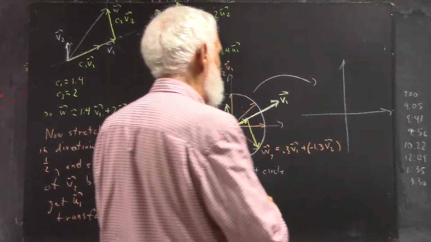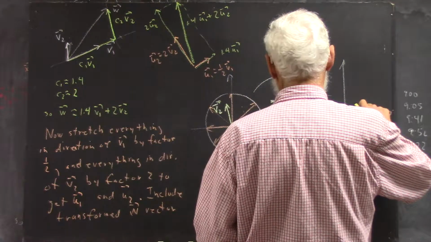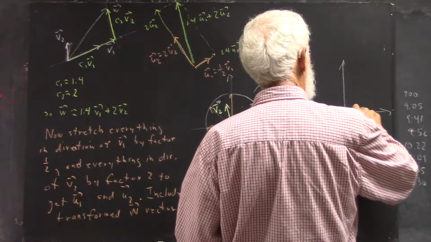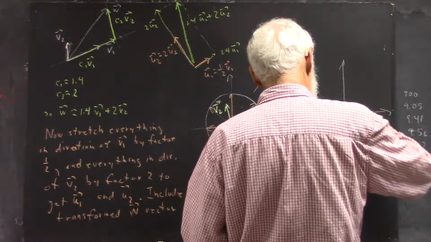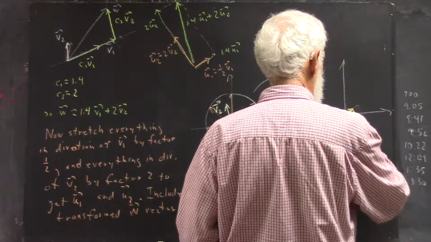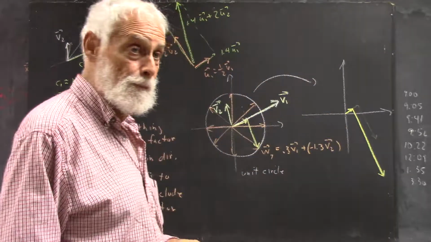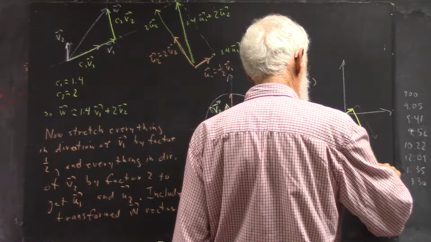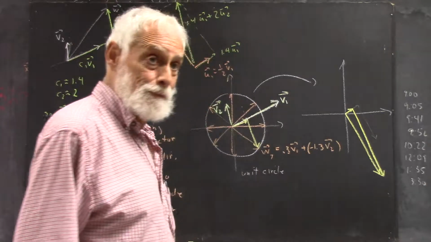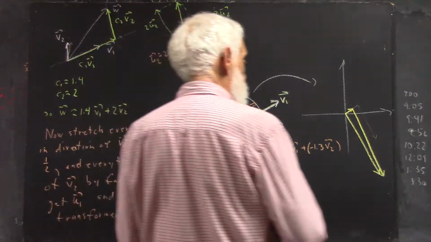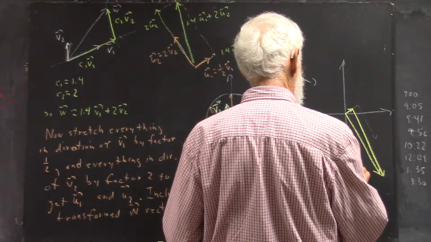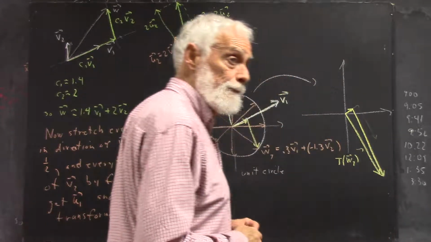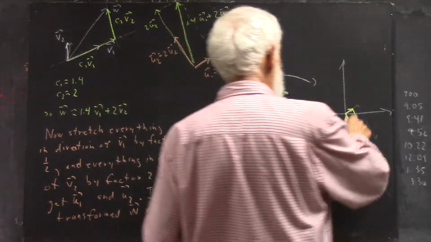So instead of this and this, I get half of this and double this. Okay? Which gives me this. Okay? So this is my transform vector T of W7.